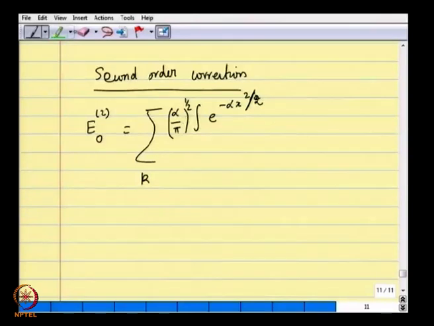I think we should be careful here. I will just write only the 1 by 4 corresponding to this part of the left side of the wave function, which is the ground state.